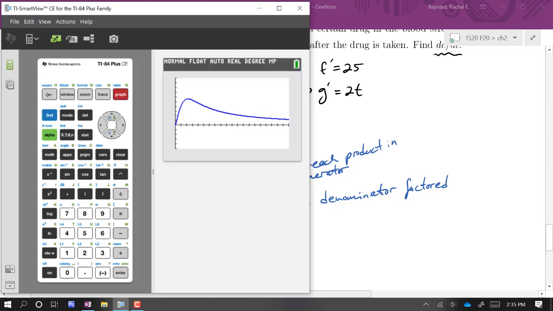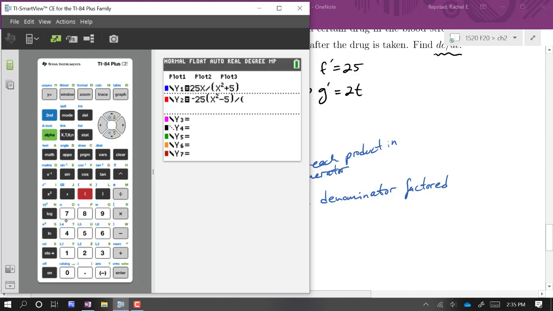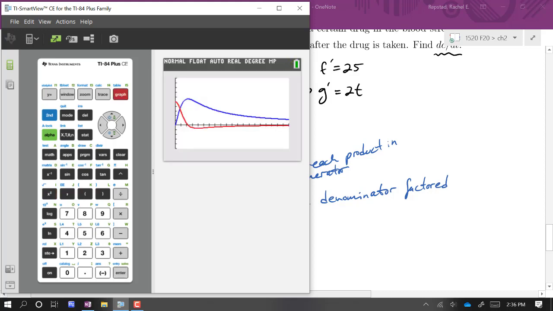Now I'm going to add to this the graph of the derivative. So that was minus 25 times x squared minus 5, and this is all over parentheses x squared plus 5, squared. Let's see how this looks. Alright, so the red graph is our derivative.